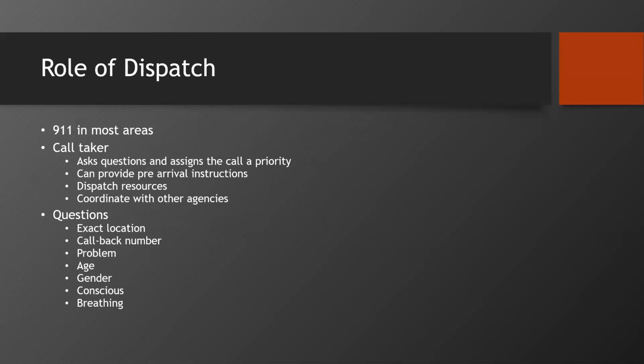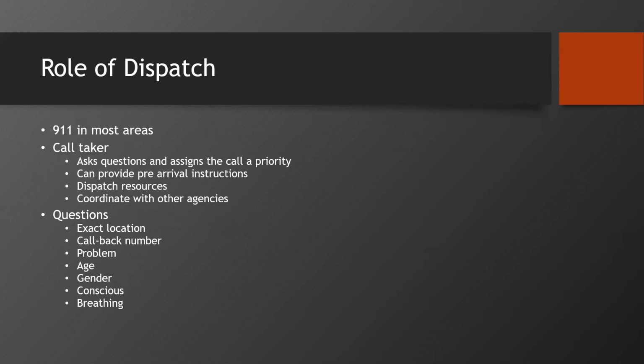So anyways, the call taker will take the 911 call. They'll ask questions and assign a priority. So they have a list up there, these flip cards, and you say, here's my address. I'm saying you're the person calling 911. Person calling 911 says, here's my address, my grandmother is sick, whatever the case is. And so the call taker is going to ask a whole list of questions, and they're all on flip cards.